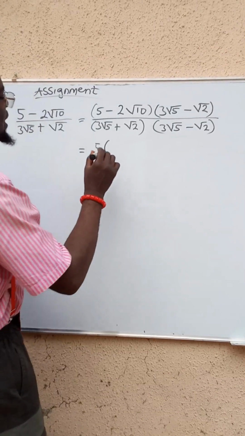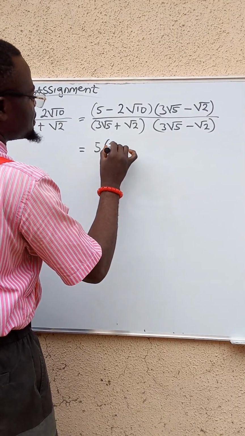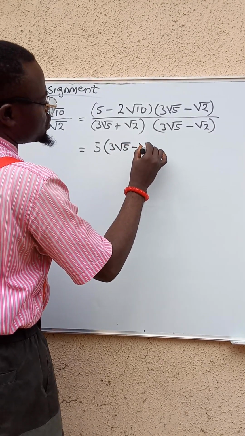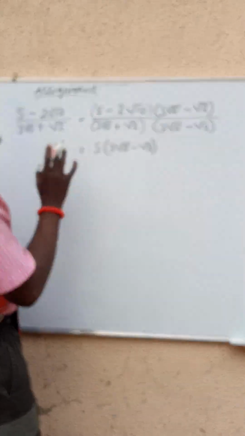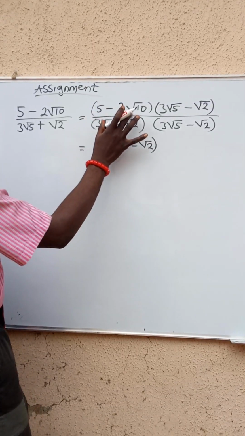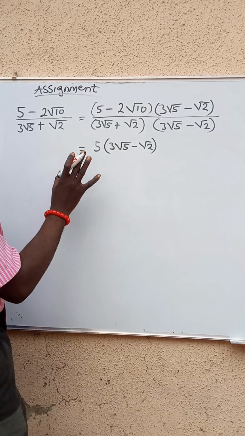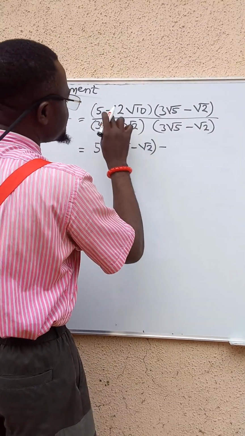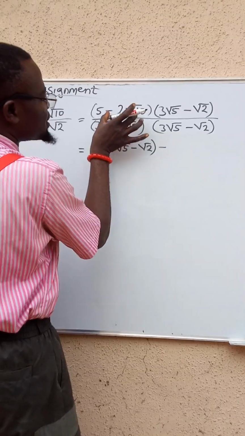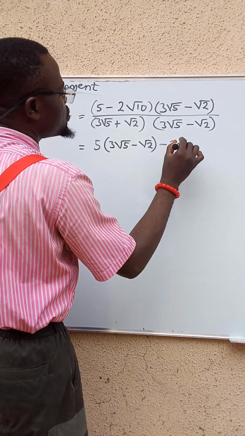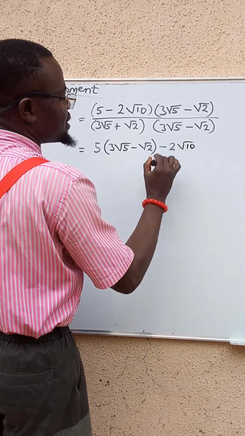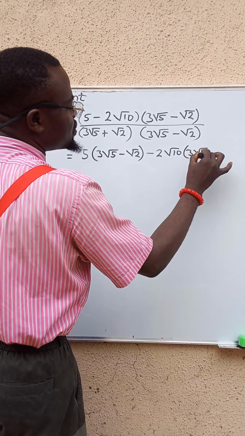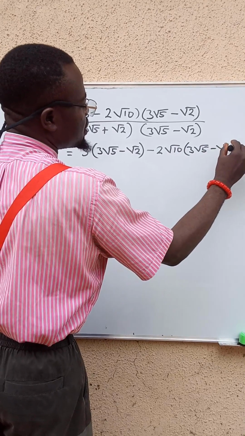Now, if that is the case, this will give me 3 root 5 minus root 2. For me not to make mistakes, I'll bring each of these terms in the first bracket, multiplying this one. Then minus 2 root 10, this way. Open the bracket, 3 root 5 minus root 2.